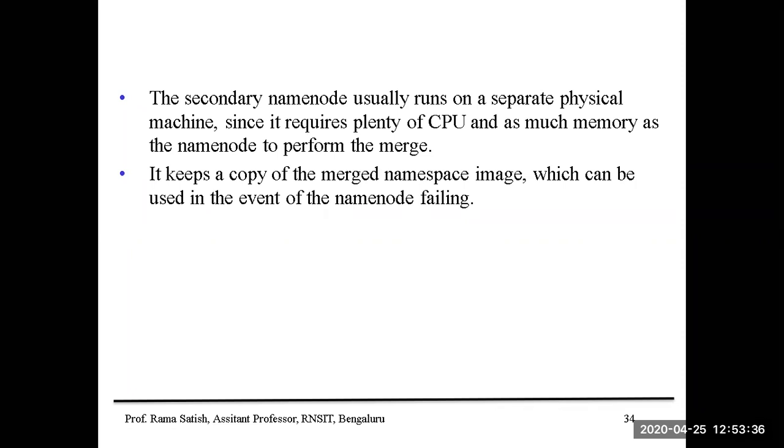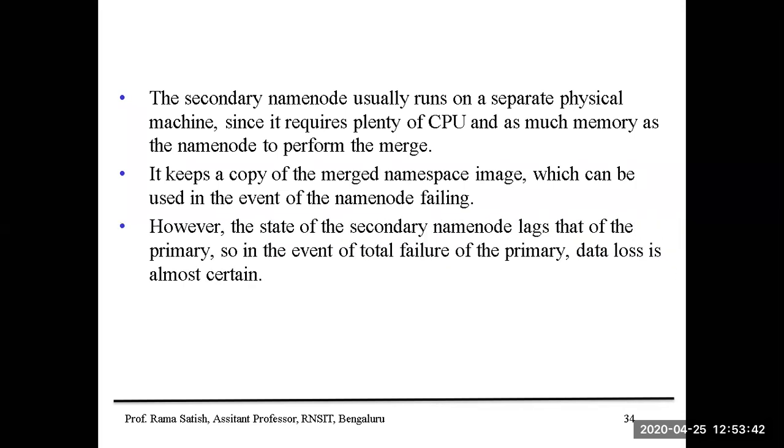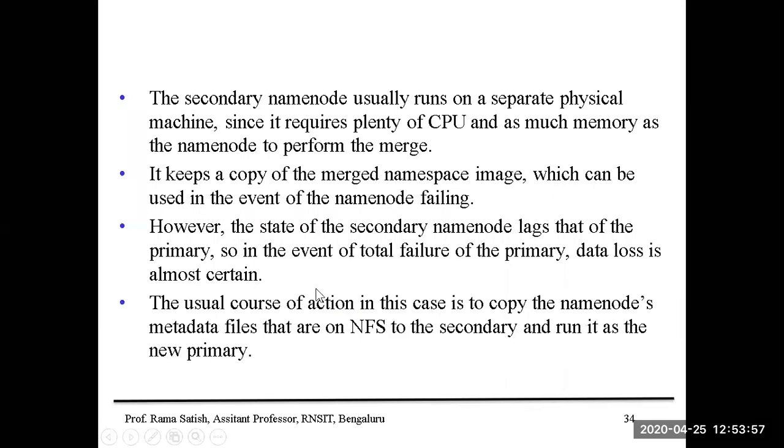If the main name node fails, the secondary name node will come into play. Very, very important. However, the state of the secondary name node lags that of the primary, so in the event of primary failure, data loss is almost certain.